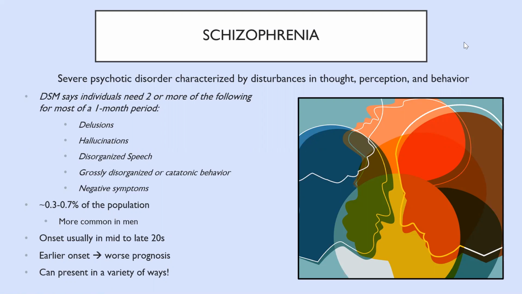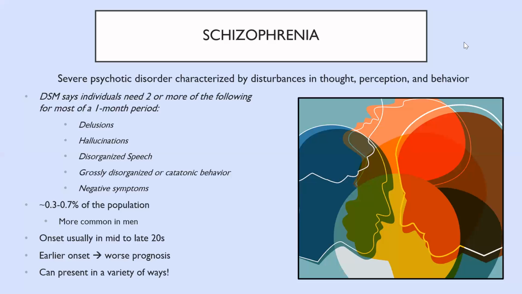So delusions are one possible symptom. Hallucinations, those are sensory experiences that don't have a source, and they can actually be from any of the senses. So you can have visual hallucinations, you could have auditory hallucinations, which are the most common. Oftentimes in schizophrenia, auditory hallucinations are going to be of a negative nature. It might be the individual hearing voices saying bad things about them, or just a sort of negative tone.